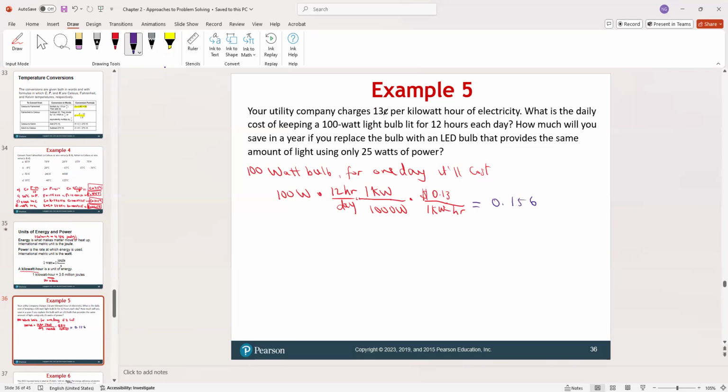0.156, or you can say about what? 16 cents. It's going to cost you to light 100-watt light bulbs for 12 hours a day.